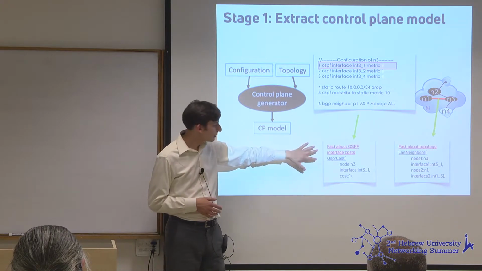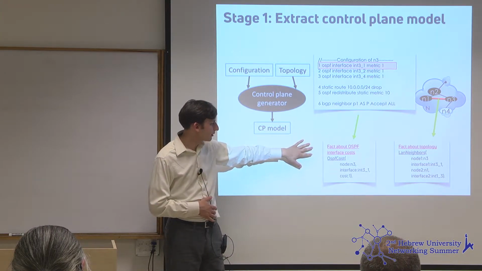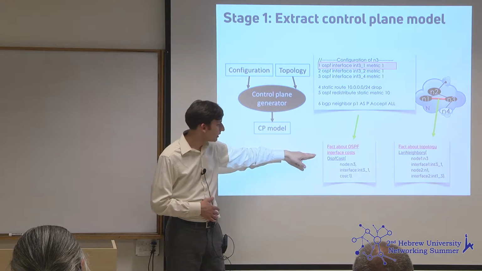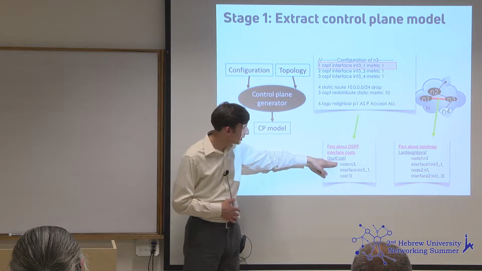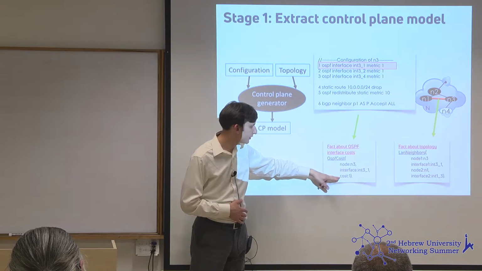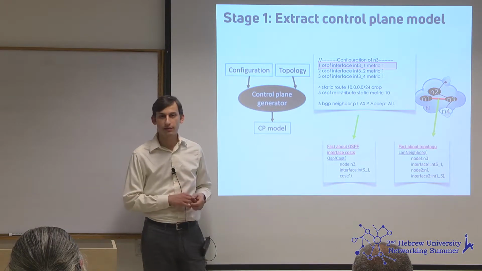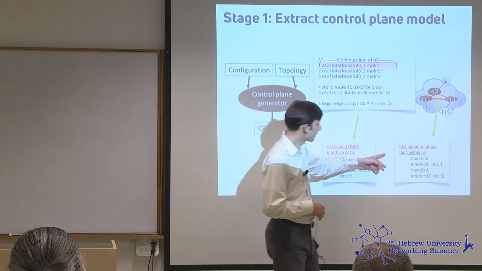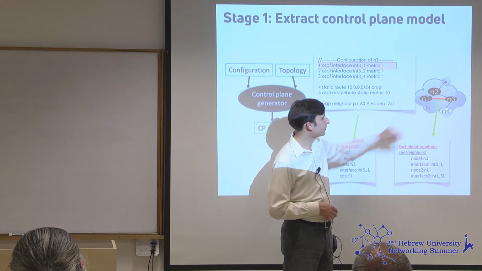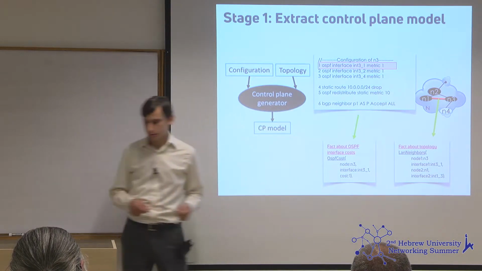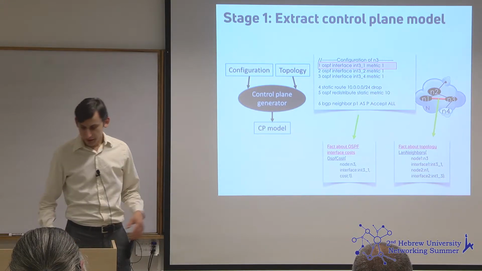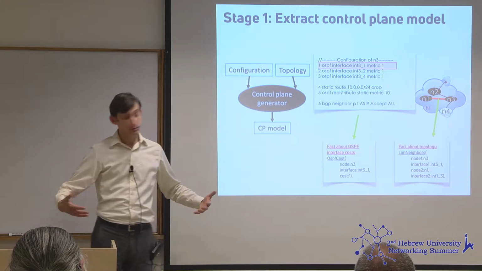And then we'll see how we use those facts later. The example facts are: okay, there's this OSPF configuration; this node on this interface has this cost, it's set with that cost; this node has these neighbors out those interfaces, the physical topology. Okay, so we have this big bag of facts.